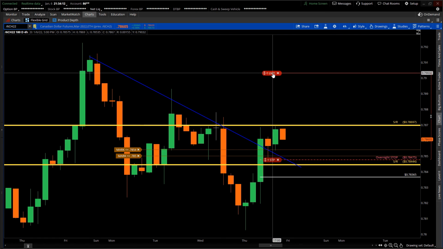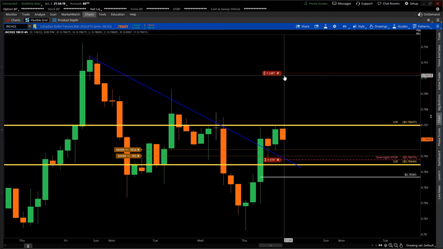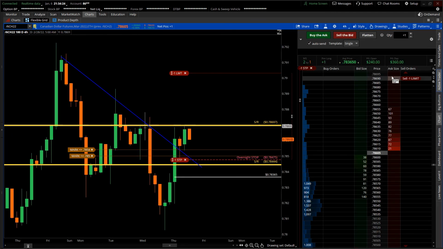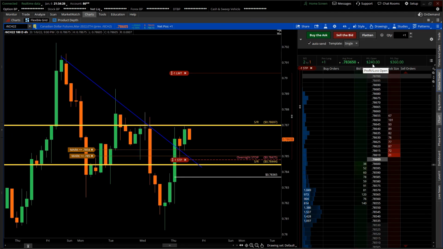So this is around 0.7903. And that would be an additional $665 take profit. And if I open up Active Trader, the trade is now up an additional $240.